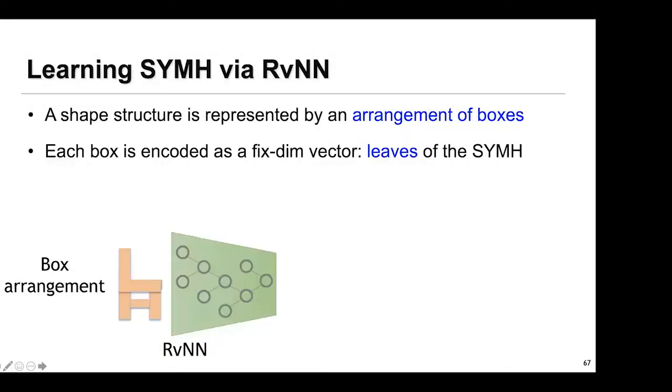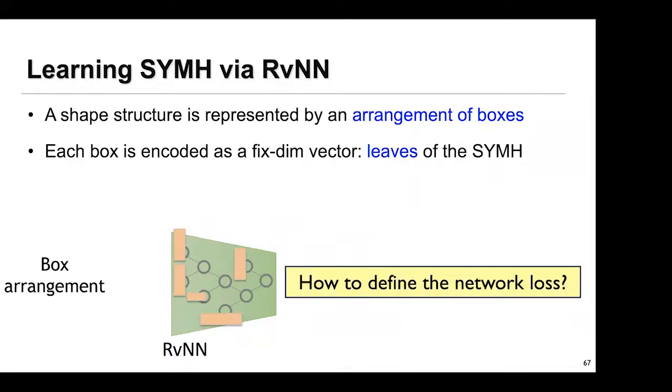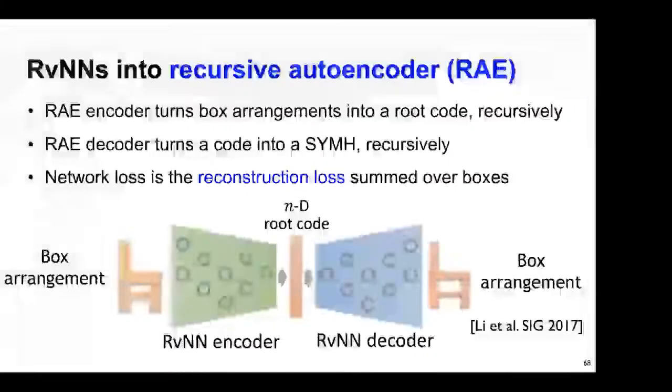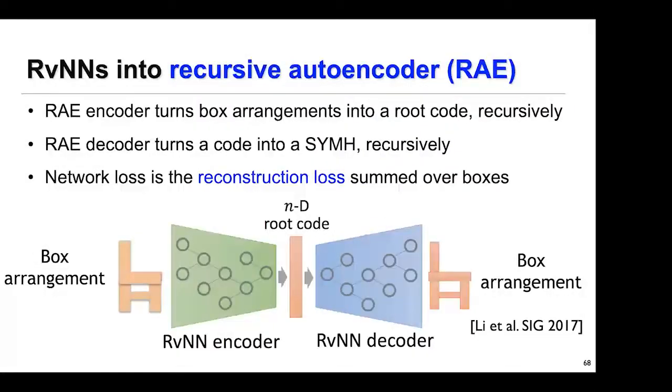Now, to learn symmetry hierarchies using RvNNs, we're going to represent a shape just by using these box abstractions, right? So each box is encoded as a fixed dimensional vector, and they form the leaves of this tree. And then the question is how then you define the network loss, right? So the first idea is to turn the RvNN into a recursive autoencoder, right?